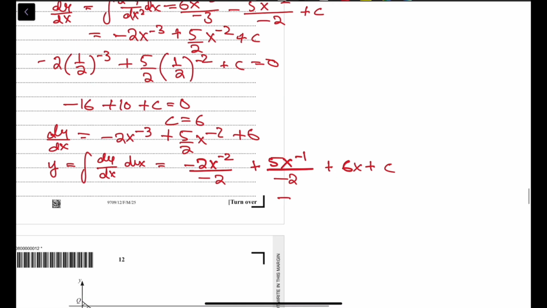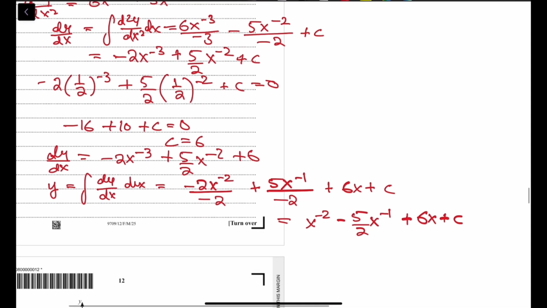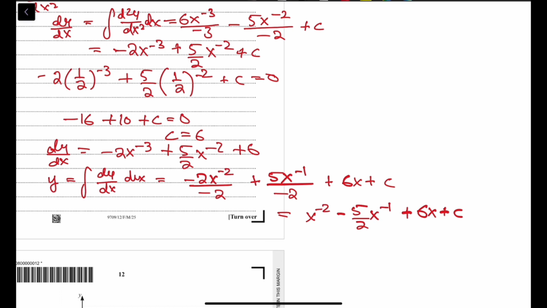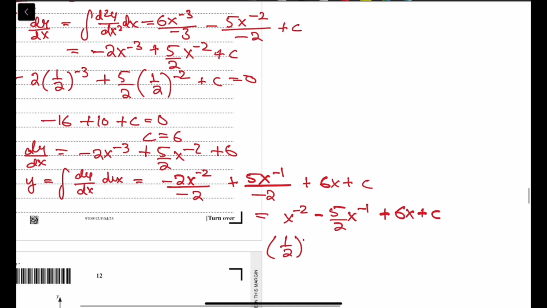Simplify things, that is equal to x to the power negative 2, minus 5 over 2 x to the negative 1, plus 6x plus c. Like we said earlier, y equals 9 when x equals 1/2. So if we substitute 1/2 and equate that to 9, we get 4 minus 5 over 2 times 1/2 to the minus 1 plus 6 times 1/2 plus c equals 9.